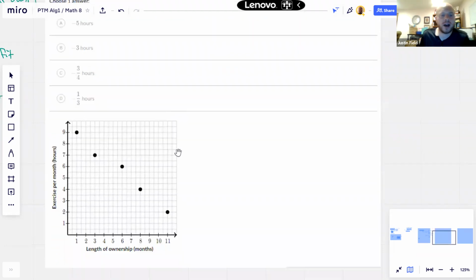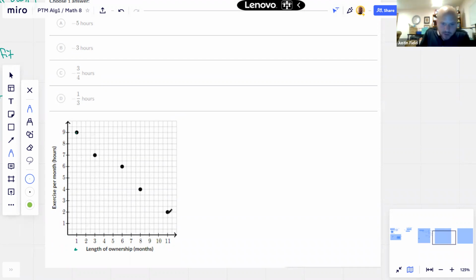All right, so what happens? Length of ownership. The 1-monthers are using exercise per month 9 hours. So, the average one, if you own it for the first month, on average, you're exercising 9 hours, 9 days out of the month. But then by month 3, it's down to 7.